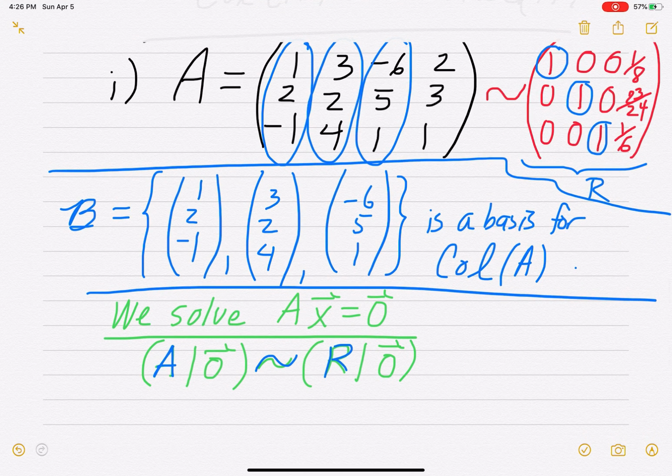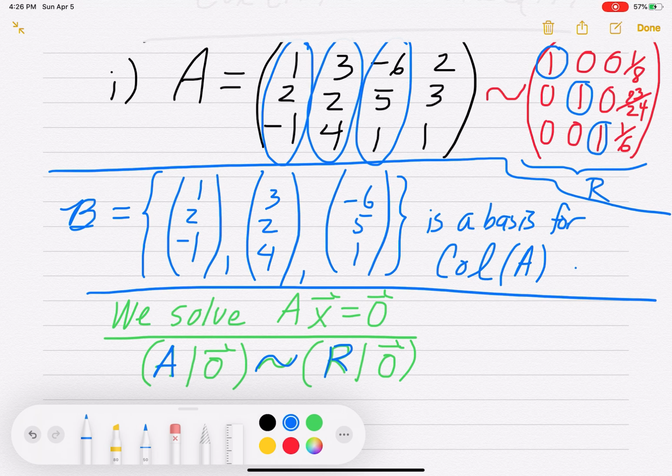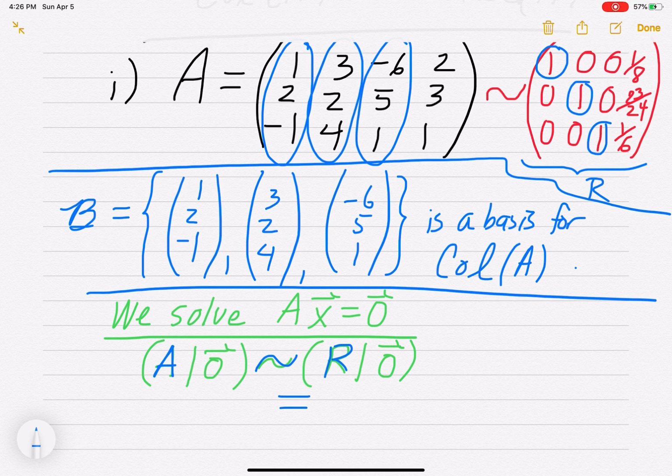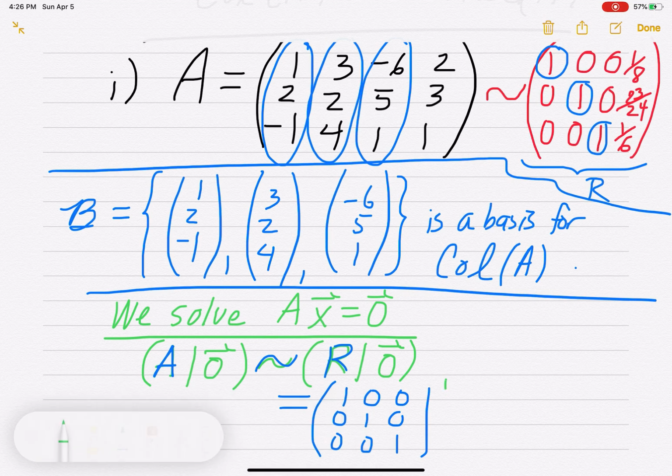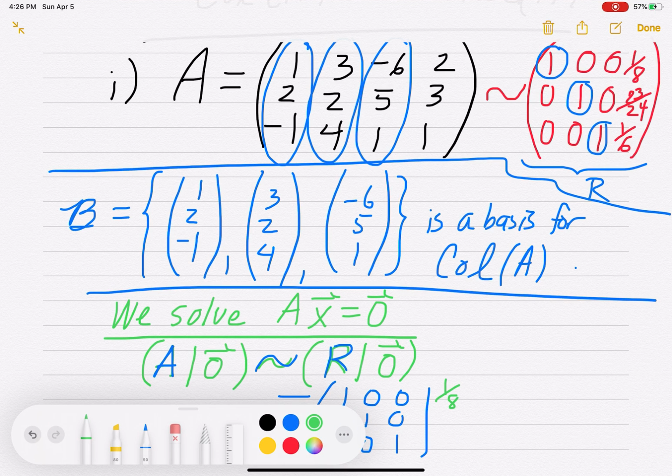This is equal to now, what? 1, 0, 0, 0, 1, 0, 0, 0, 1. And then on the right-hand side, we have what? No, I didn't write it correctly. Let me get rid of this.